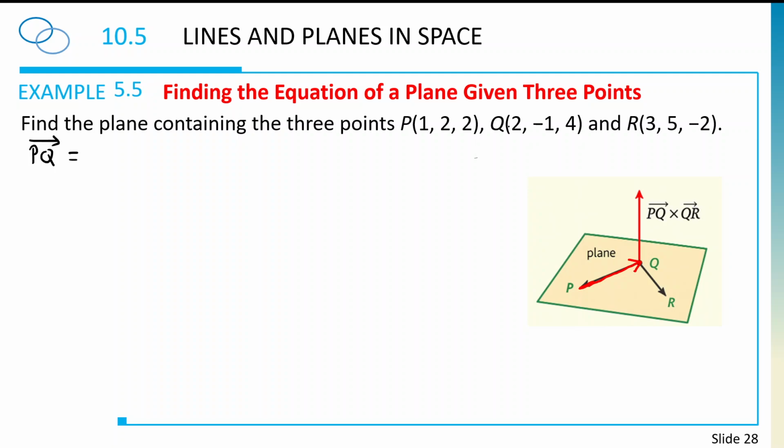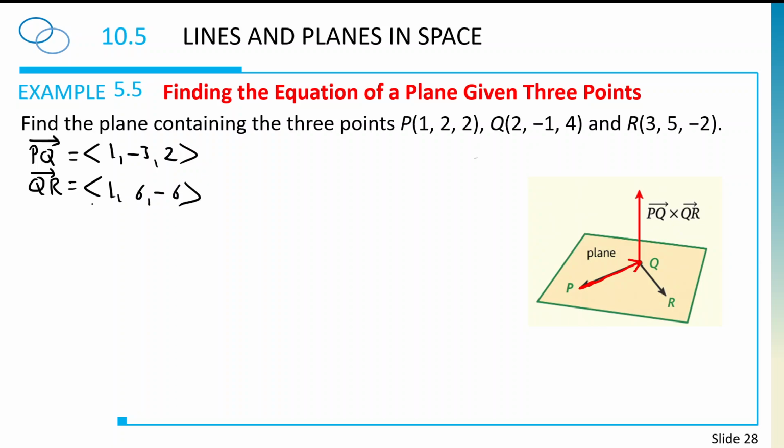We do terminal minus initial, Q minus P. So this equals 1, negative 3, 2. And I need to find QR. This again equals, I need to subtract R minus Q. So this is 1, 6, negative 6.